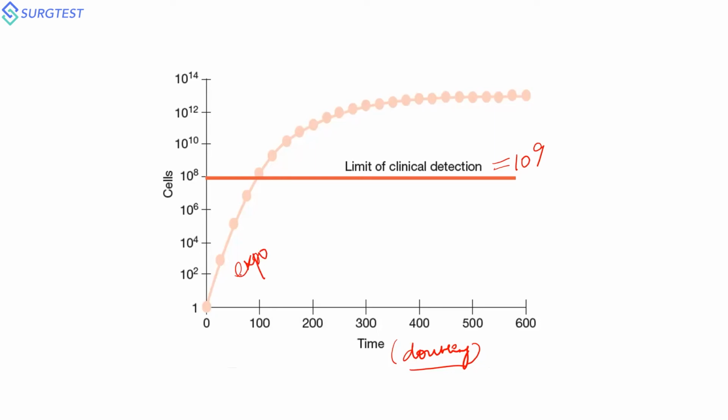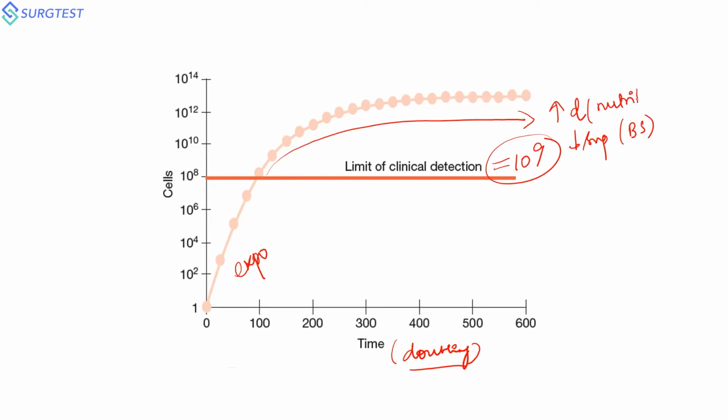Once they achieve this exponential growth phase and reach a cell population of around 10 power 9 cells, there will be a plateau phase. This plateau phase occurs because there is an increase in demand and decrease in supply. So the blood supply is very less. There is increased nutritional demand and oxygen demand by the tumor cells, which is not being met. So the cells will undergo death. So there is no exponential growth.